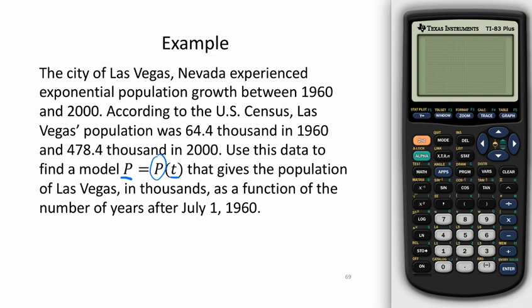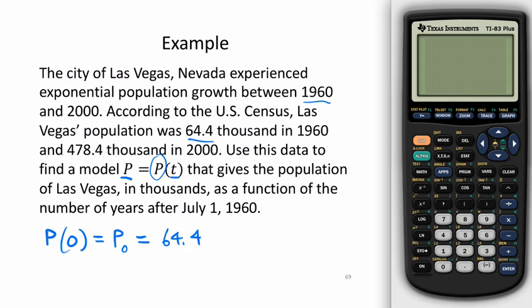So let's go ahead and write the data in terms of what we've called the model. In 1960, the middle of the year 1960 is our zero. So P of zero, or we can write that as P sub zero, is equal to that 1960 population, which is 64.4 thousand.